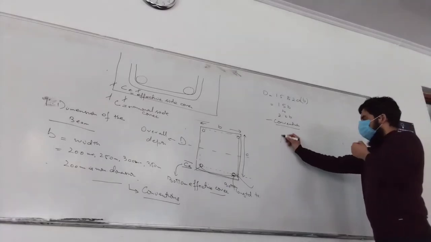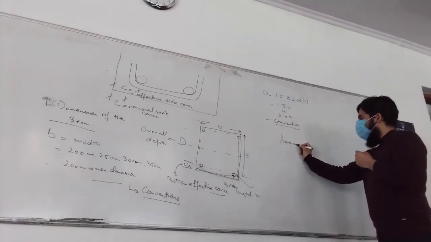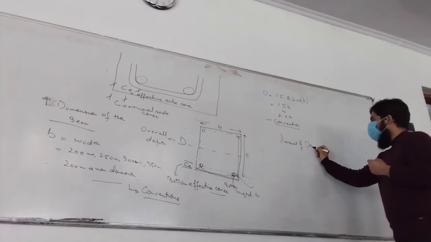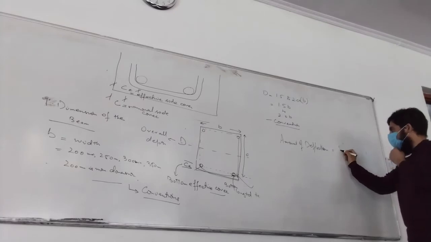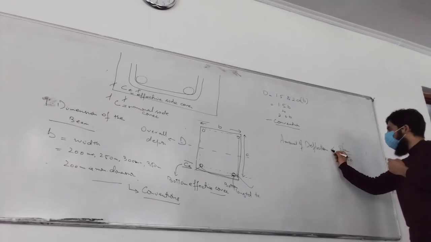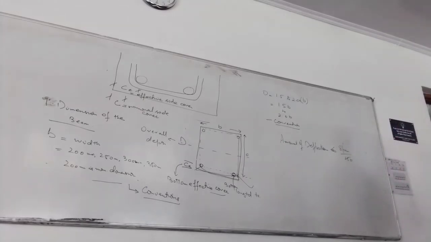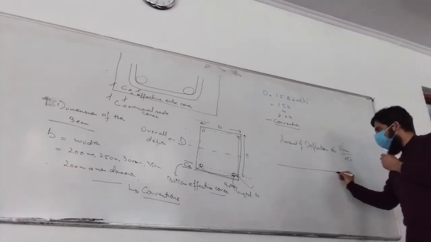The amount of deflection should be less than or equal to span by 250. Now span किसे कहेंगे हम? You have a beam.